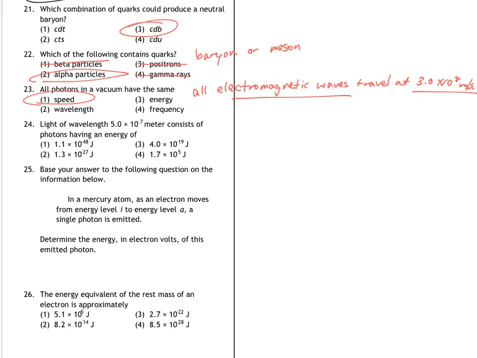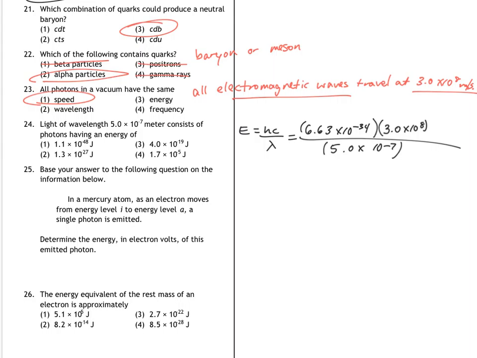All right, number 24. Light of wavelength 5 × 10⁻⁷ meter consists of photons having an energy of. So we're going to be looking at the relationship between energy and wavelength again. We need Planck's constant, which is 6.63 × 10⁻³⁴, the speed of light, which is 3 × 10⁸, and the wavelength, which is 5 × 10⁻⁷.